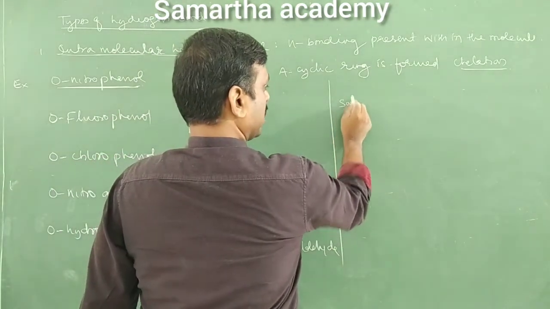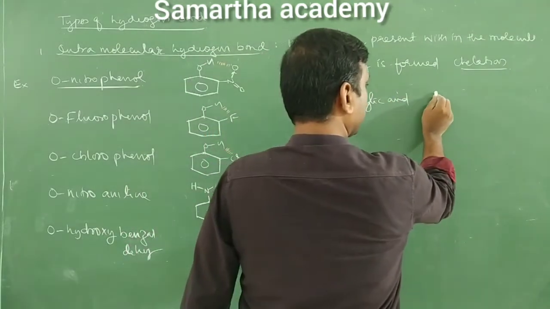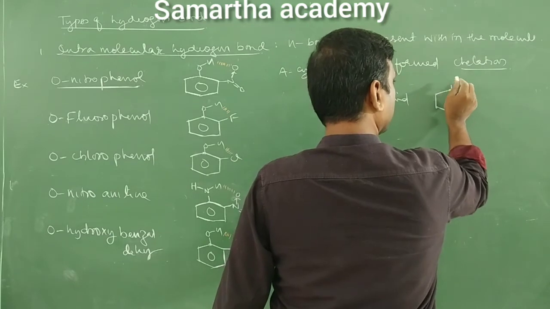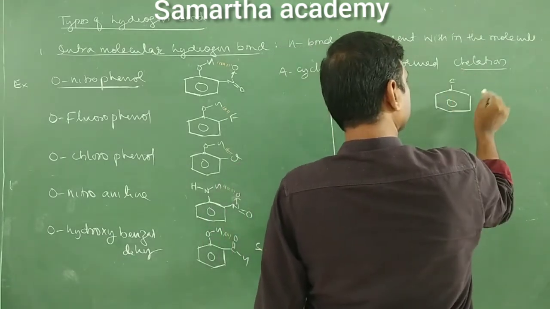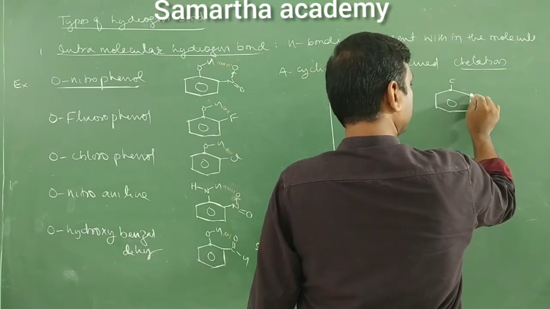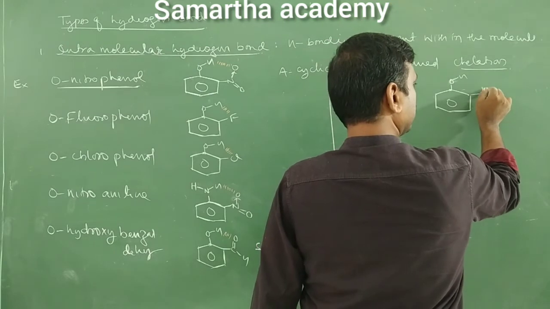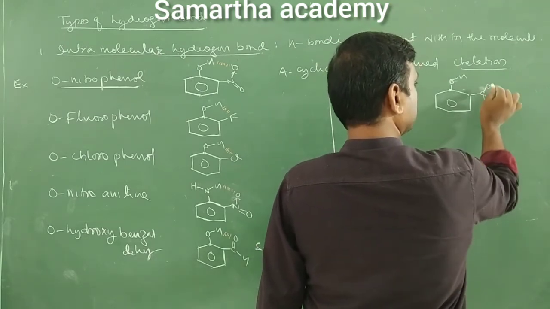Next is salicylic acid. In salicylic acid, OH and carboxyl groups are present adjacent, no? Take OH here, and C double bond O, O minus.